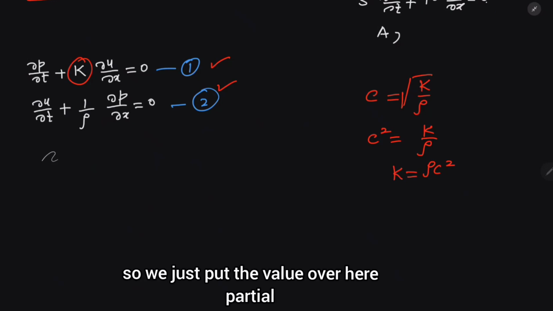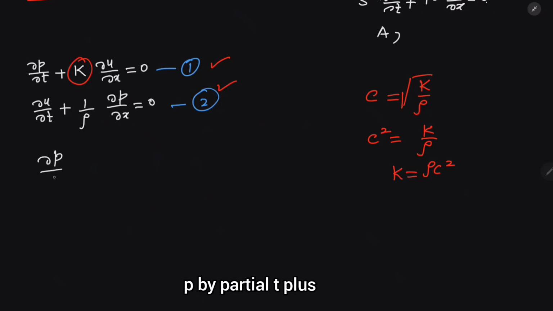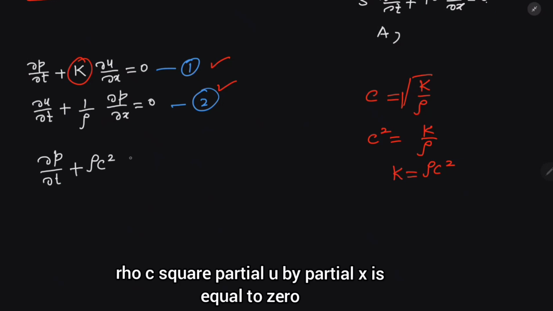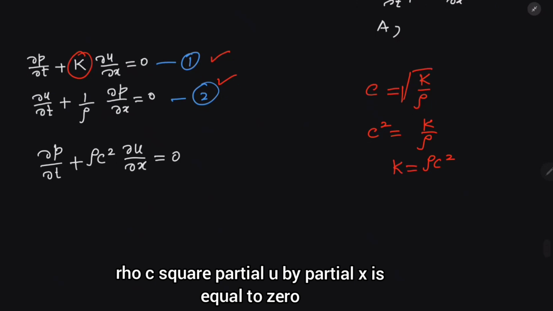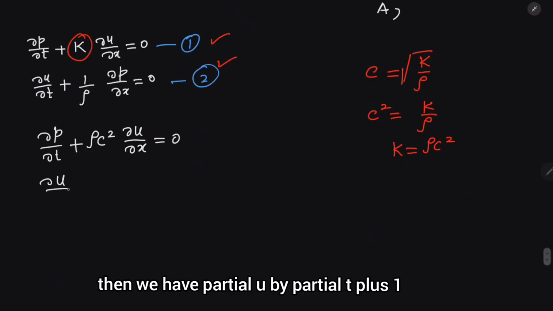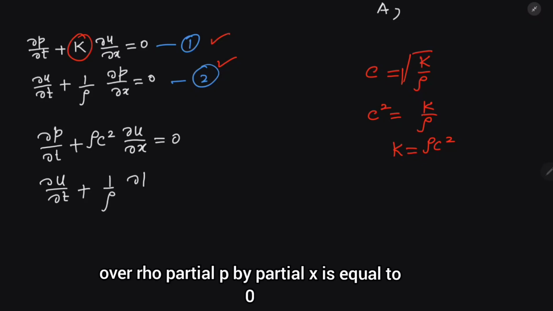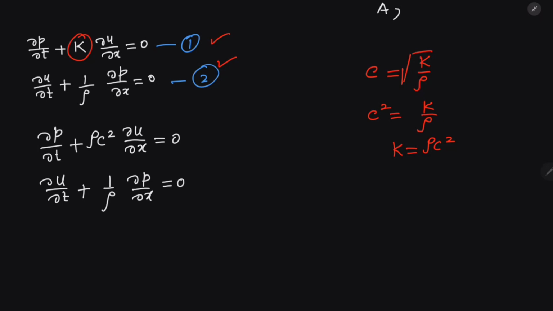So we just put the value over here: partial p by partial t plus rho c squared partial u by partial x is equal to 0. Then we have partial u by partial t plus 1 over rho partial p by partial x is equal to 0.